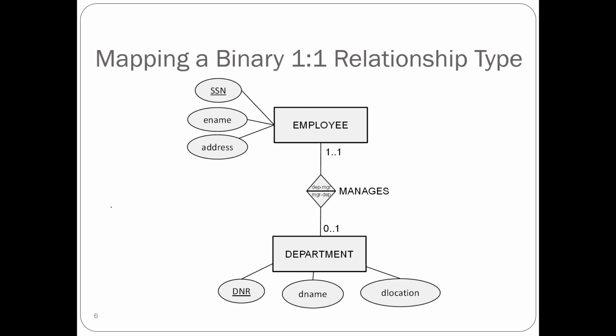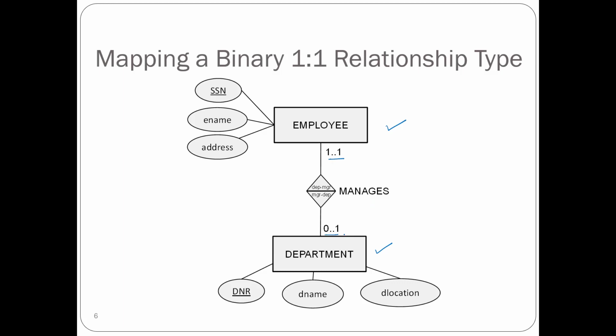So here we go. Now we have an ER diagram to explain the relationship that we are discussing right now. It's a binary one-to-one relationship type, and the entity types involved are employee and department. Here it's one to one because of the cardinality, right?